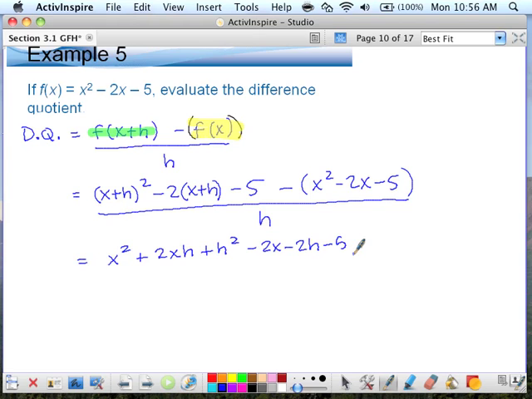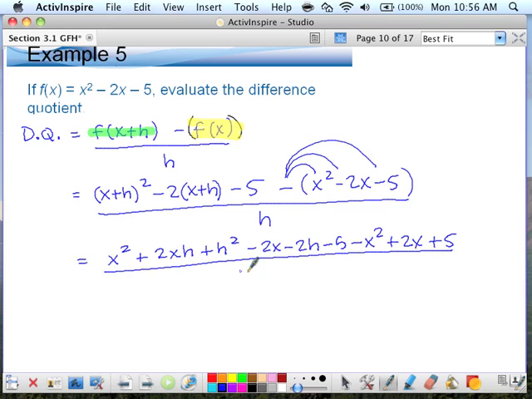Next, I have to distribute the minus sign in front of this big parenthesis. So we have minus x squared plus 2x plus 5, all divided by h. So it looks really ugly in the middle. Things start to look really, really bad. But now stuff will start to cancel. Anything that does not have an h should cancel. Let's look.